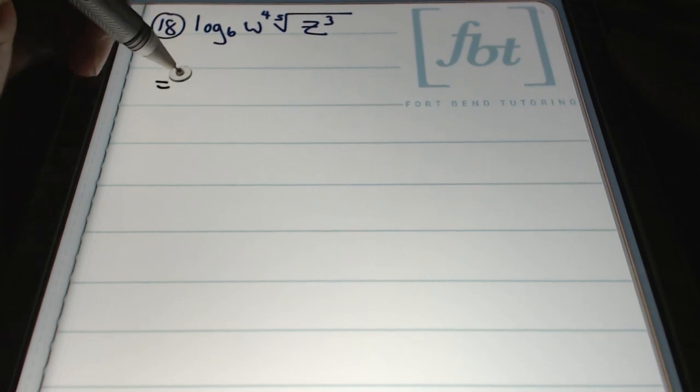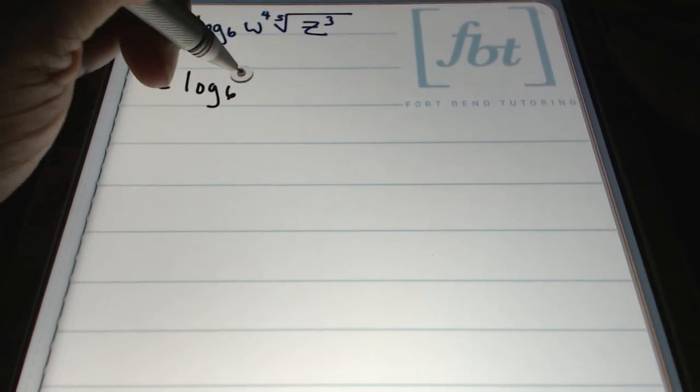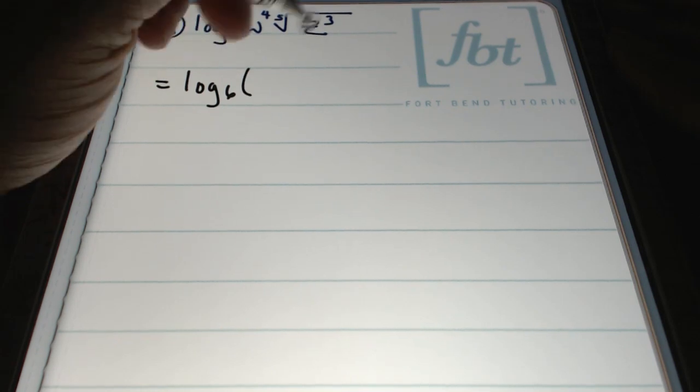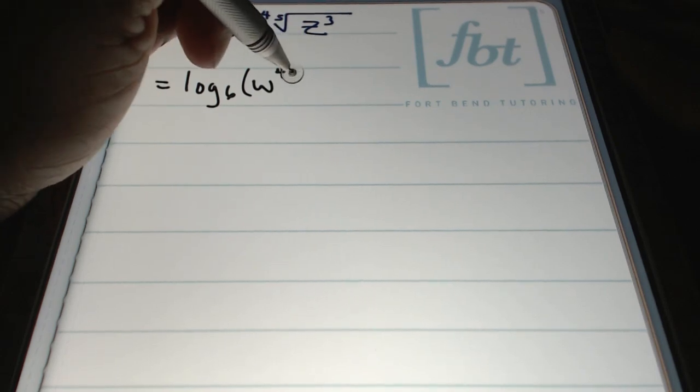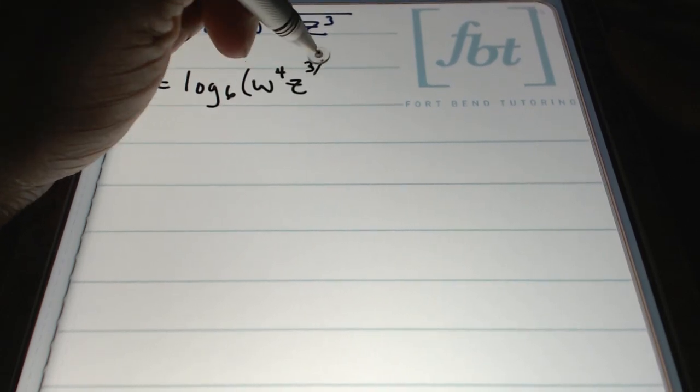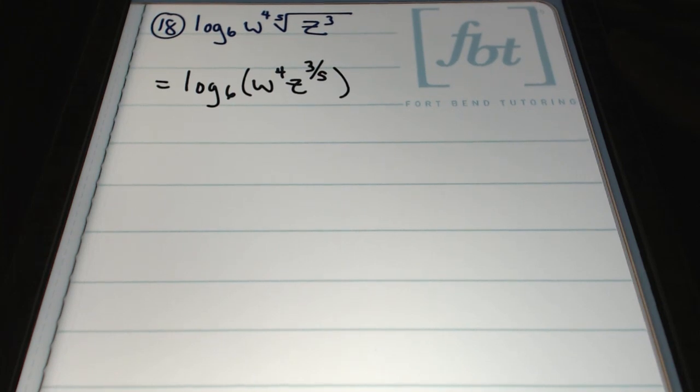The first thing I'll do is rewrite this as w to the 4th power times z to the 3/5 power. Notice that I rewrote the radical notation as exponential notation, so it should be clearer to you guys.